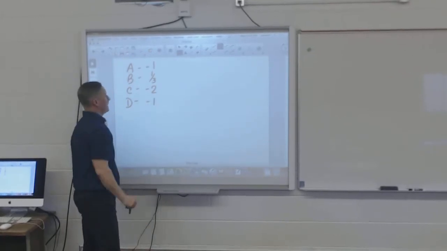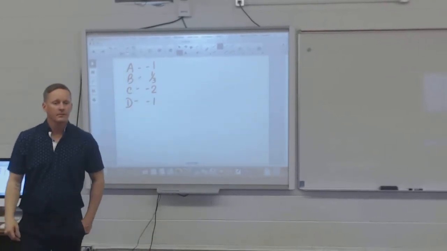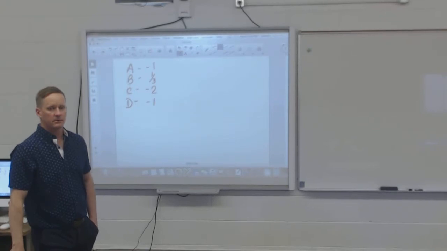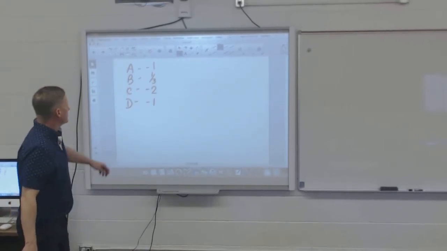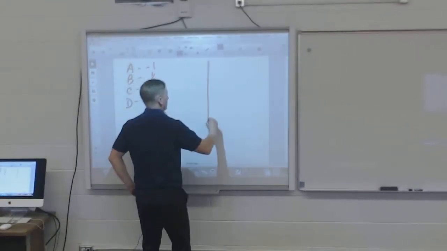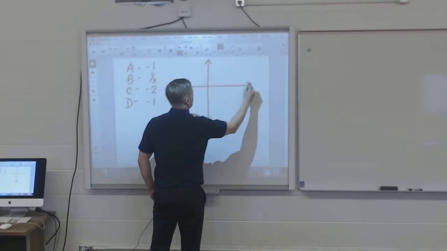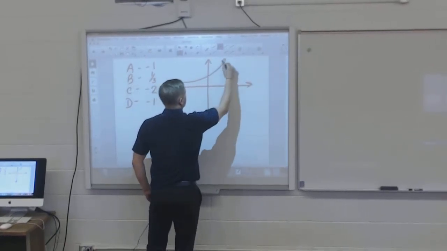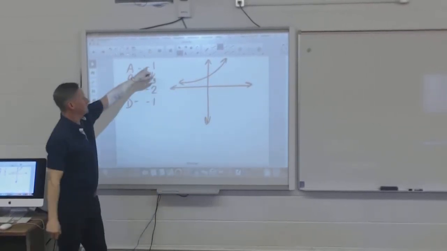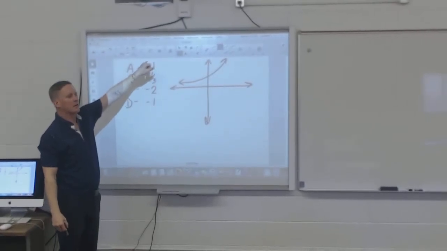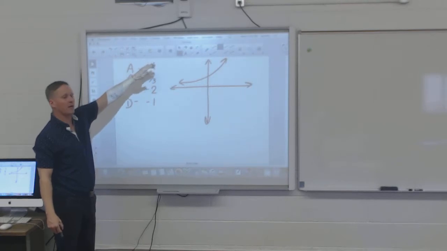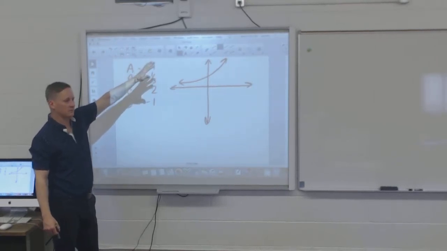-1. Okay. So in order of all my shifts, first thing you do, I'm going to do this rather quickly. So I would have this, right? So what does this do to the graph? Reflects over the x-axis. Yeah, very good. Okay?